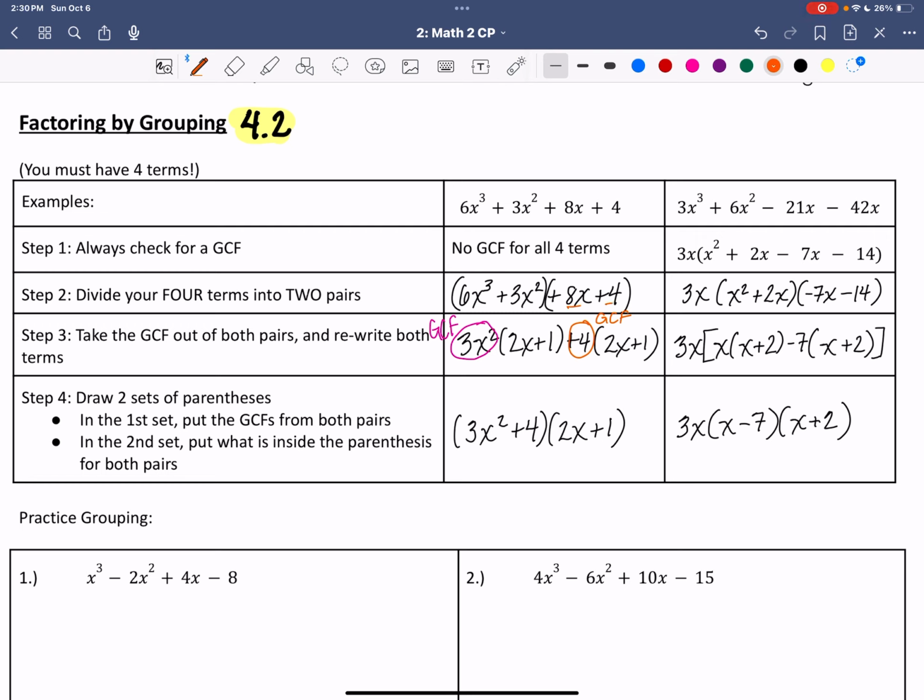is 4. Now, what you're going to do is take the two terms that were outside the parentheses, and write those inside the parentheses.